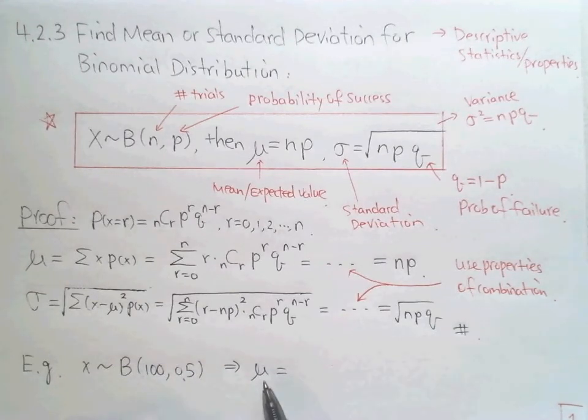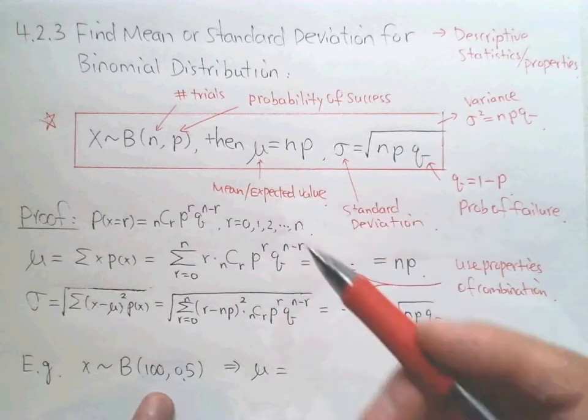Now what is mu? Mu means if you play many times, on average, what is your expected number of wins among 100? You play 100 times. What's the expected number of times that you win?